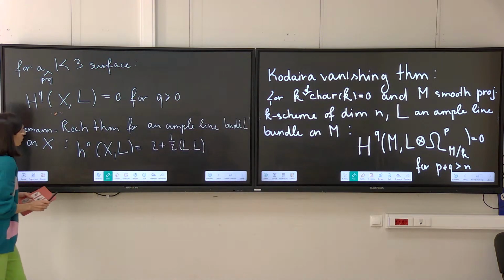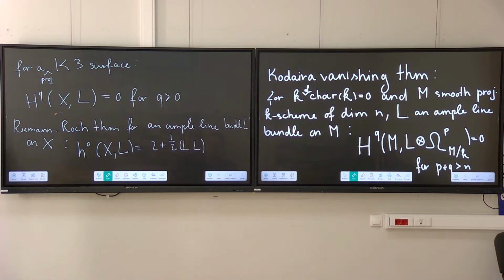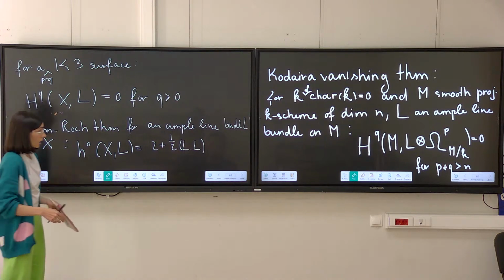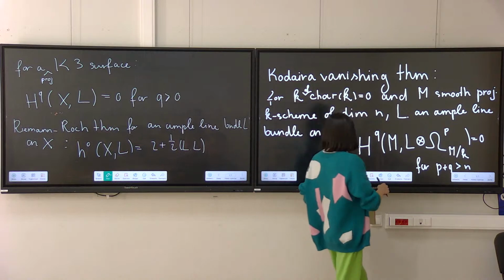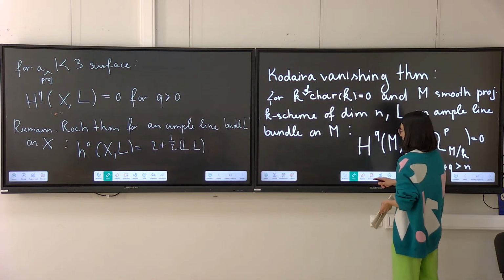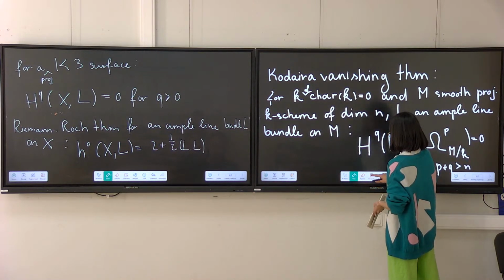And also, let me present a very general genus formula on any smooth surface, and then we will discuss what this genus formula gives us in the case of a K3 surface. And then we will discuss coverings.